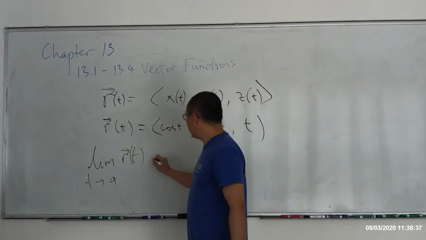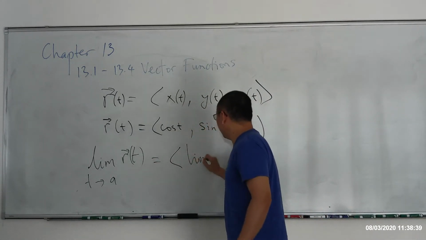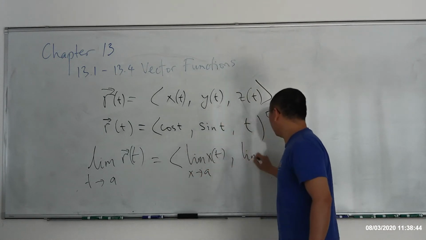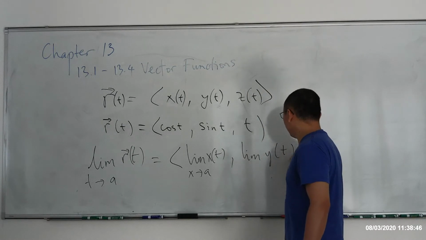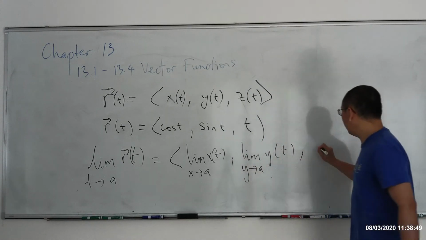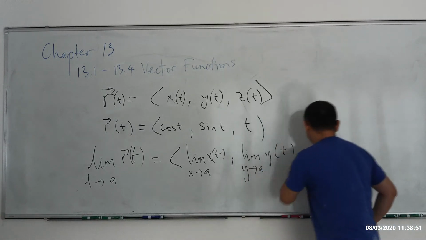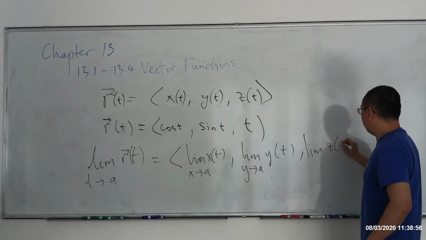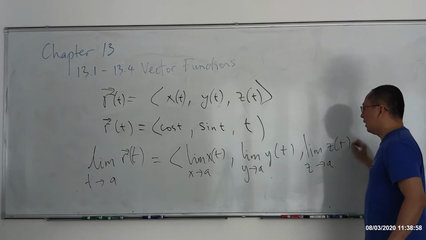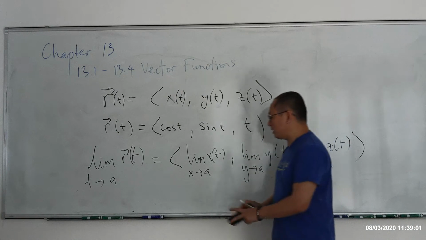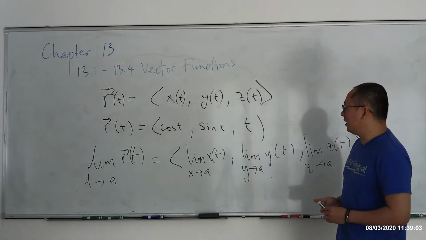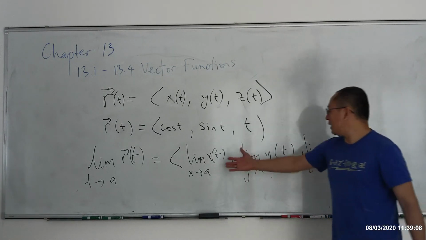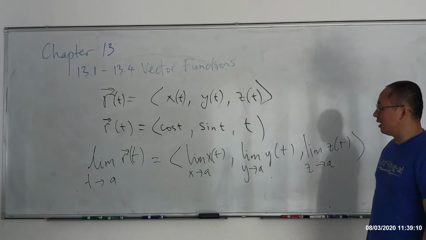So in general, this is equal to the limit of x(t) as t goes to a, then the limit of y(t) as t goes to a, and the limit of z(t) as t goes to a. In other words, think of a vector function as a combination of coordinate functions, the x, y, and z components. Just do one at a time.